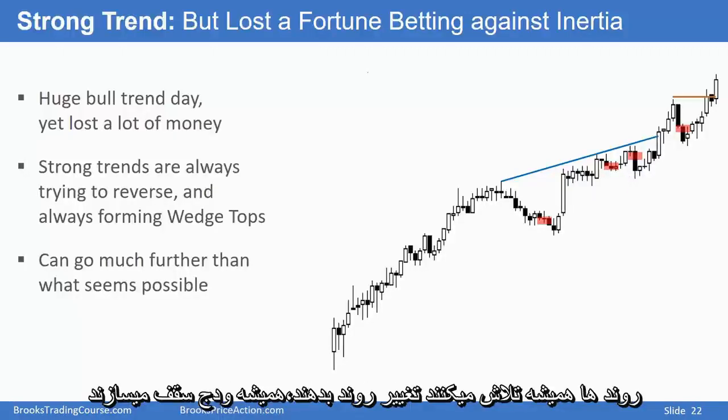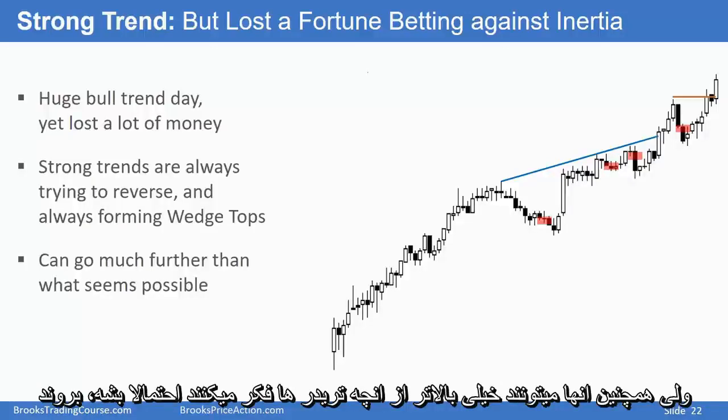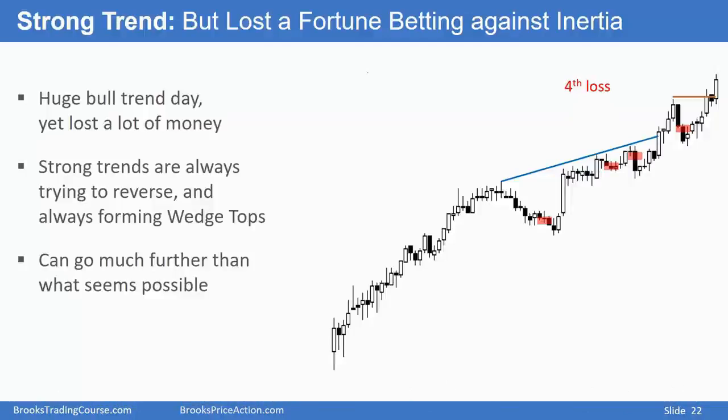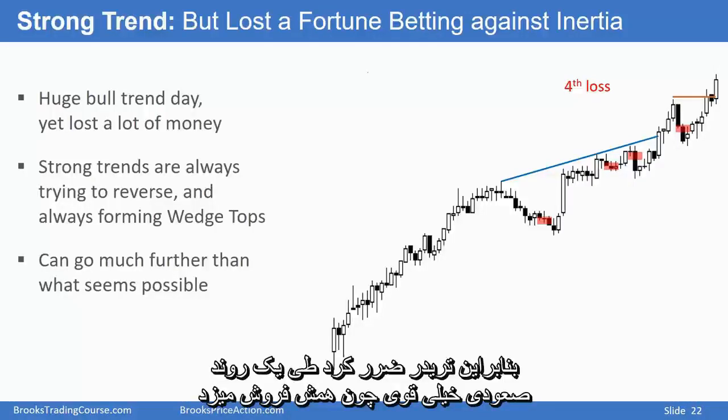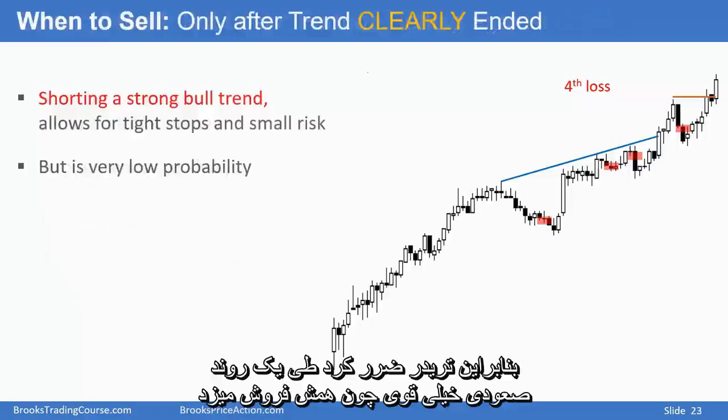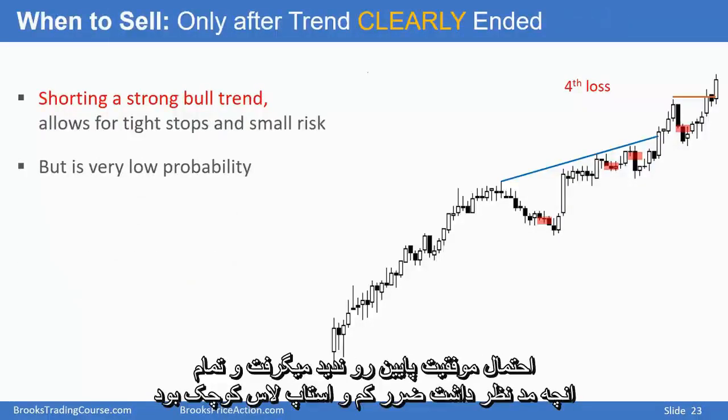Trends are always trying to reverse. They're always forming wedge tops, but they also can go a lot further than what traders think they possibly can do. So 4 losses, 1, 2, 3, 4, and they add up to a big loss. So a trader lost money during a very strong bull trend because he kept shorting all day, ignoring the low probability.